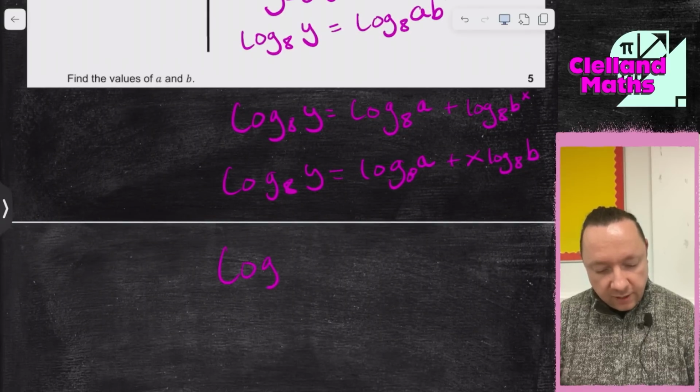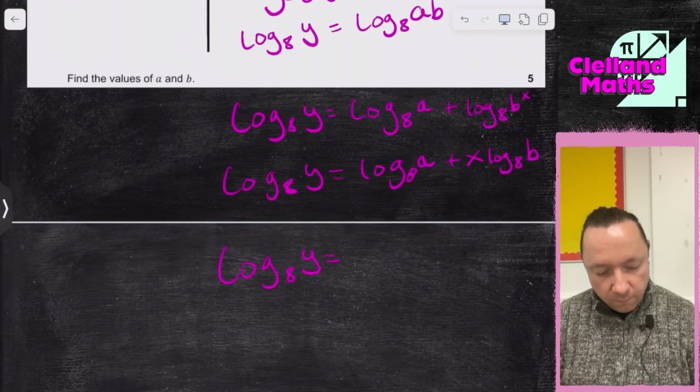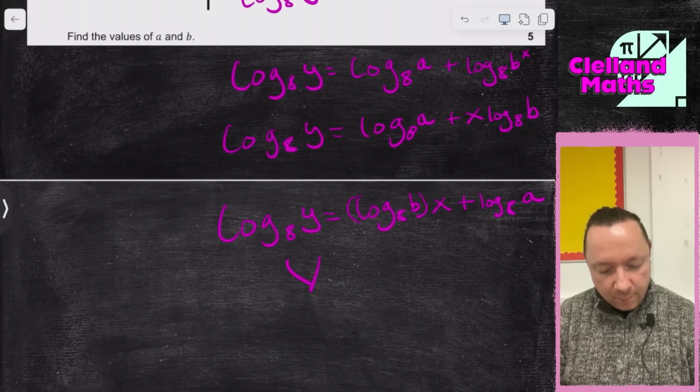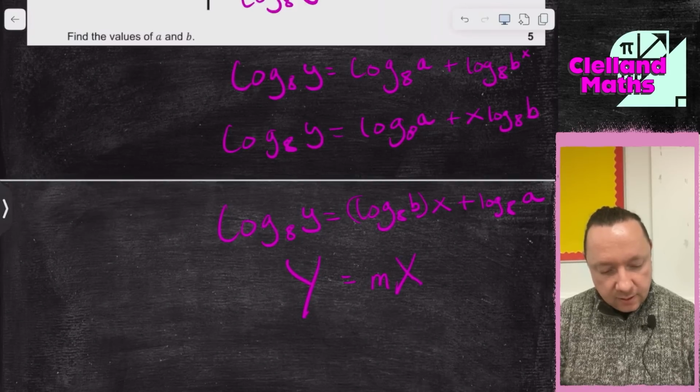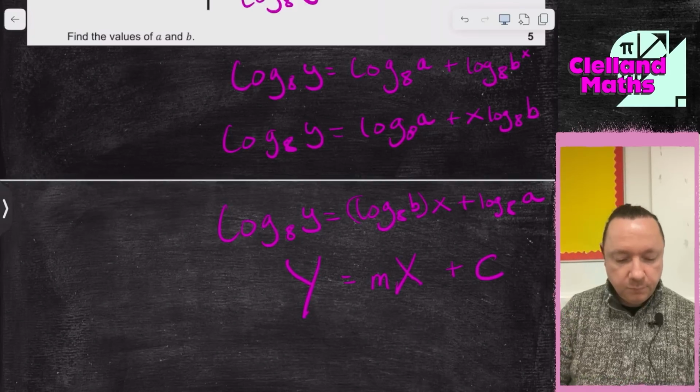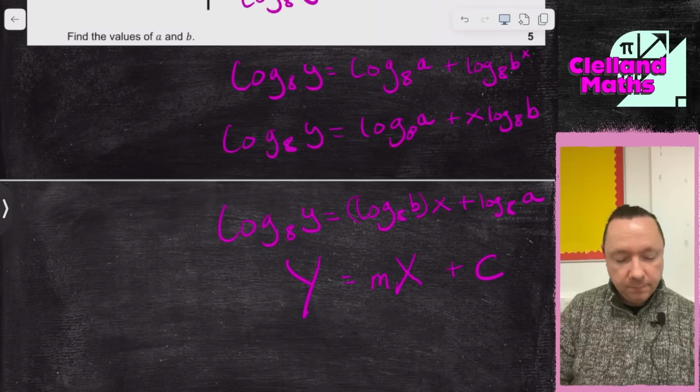Now let's write that as the x first then. We've got log base a of b all times x plus log base a of a. Well, that's a bit like a big Y equals mx plus c. It's a bit like that.